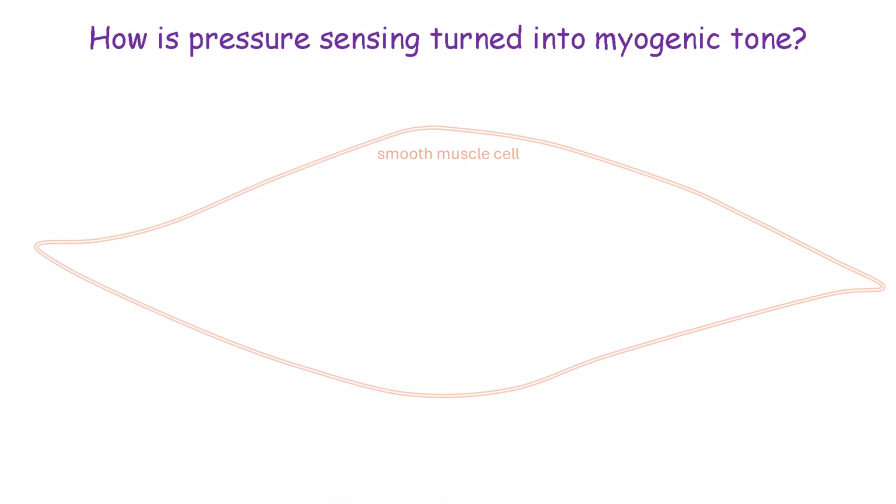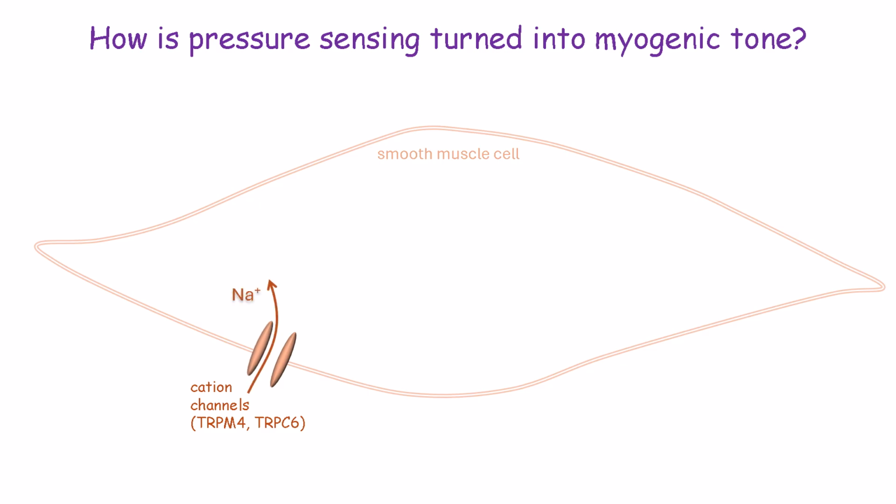Regardless of what senses stretch, we do know that pressure induces myogenic tone by depolarising the vascular smooth muscle cell. That is likely achieved by non-selective cation channels like the TRPM4 and TRPC6 channels. Whatever signal causes these channels to open, the main ion that permeates them is sodium.